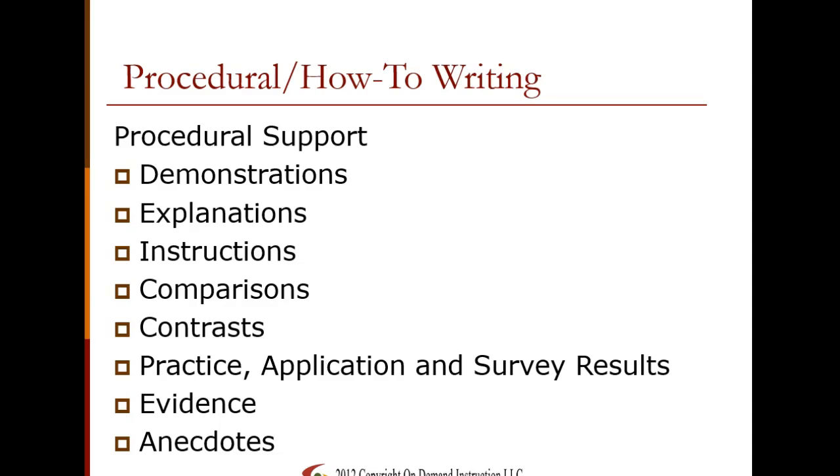Okay? And of course, our articles and blogs can certainly be recipes, right? They can be directions. We can also include comparisons or contrasts. We can include either, or we can include both. We can include the results of practice, application, and survey results.